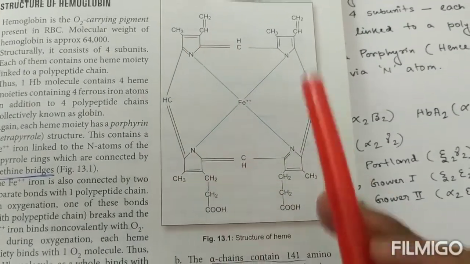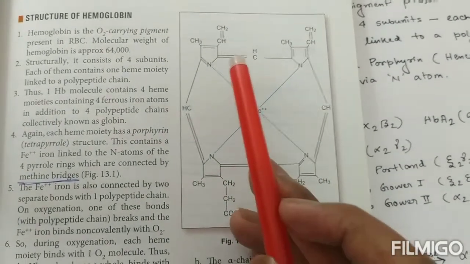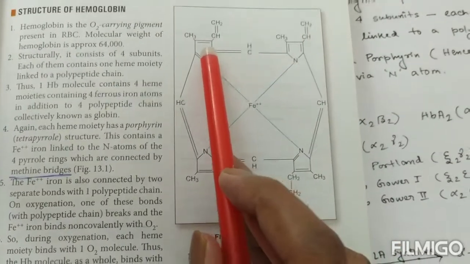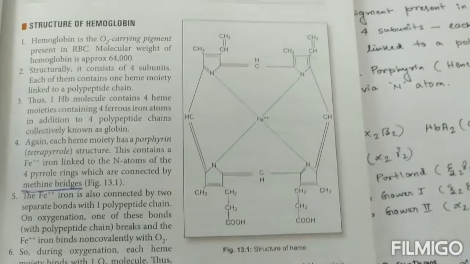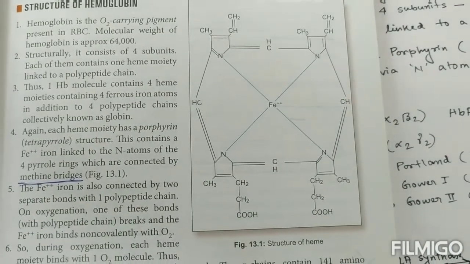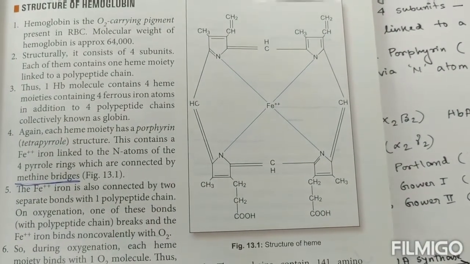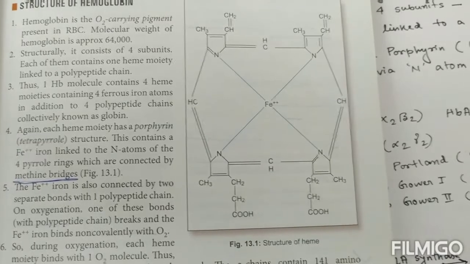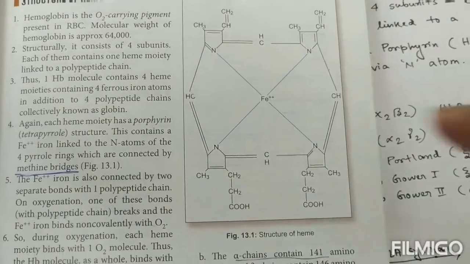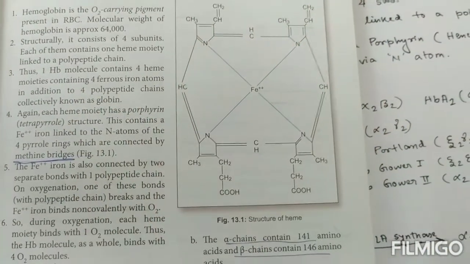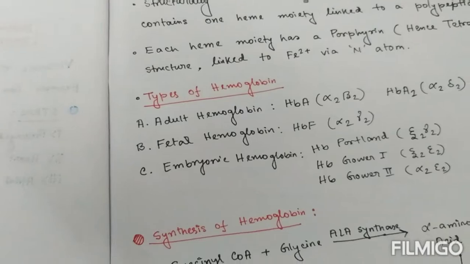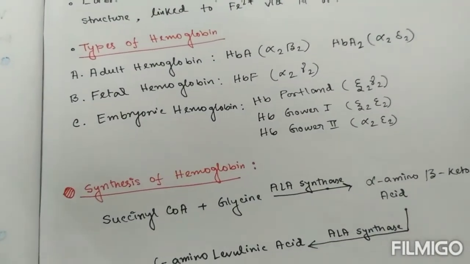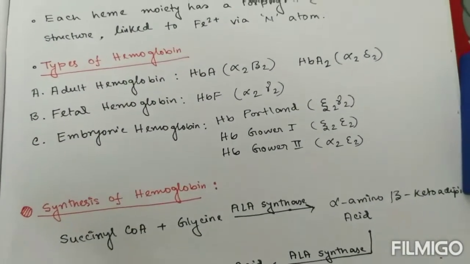This is the tetrapyrrole structure, that is single pyrrole molecules joined to one another by methine bridges, and each of them has been joined to a ferrous ion by a nitrogen atom, and thus 4 heme moieties constitute a single hemoglobin, and thereby obviously 4 globin chains have to be joined. Hemoglobin has 2 parts, heme and globin, as we already know.